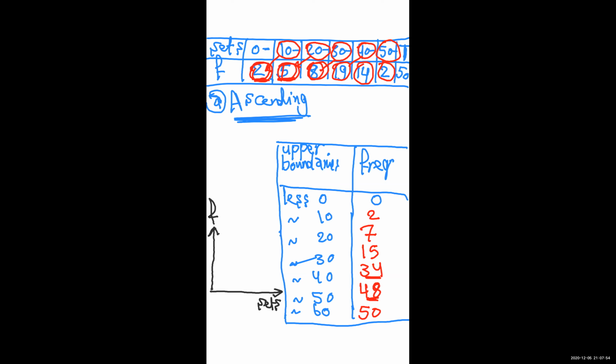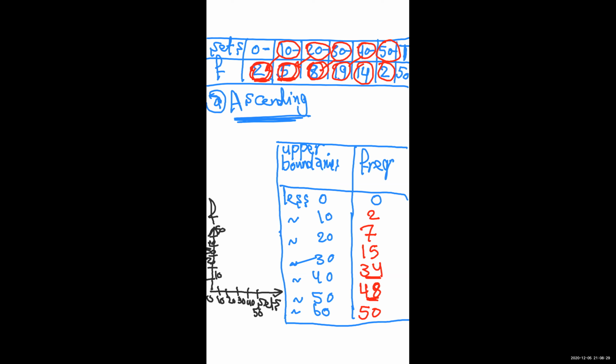So the sets 0, 10, 20, 30, 40, 50, and so on. Then the frequency from 2 to 50, so I will divide it like 0, 10, 20, 30, 40, 50.